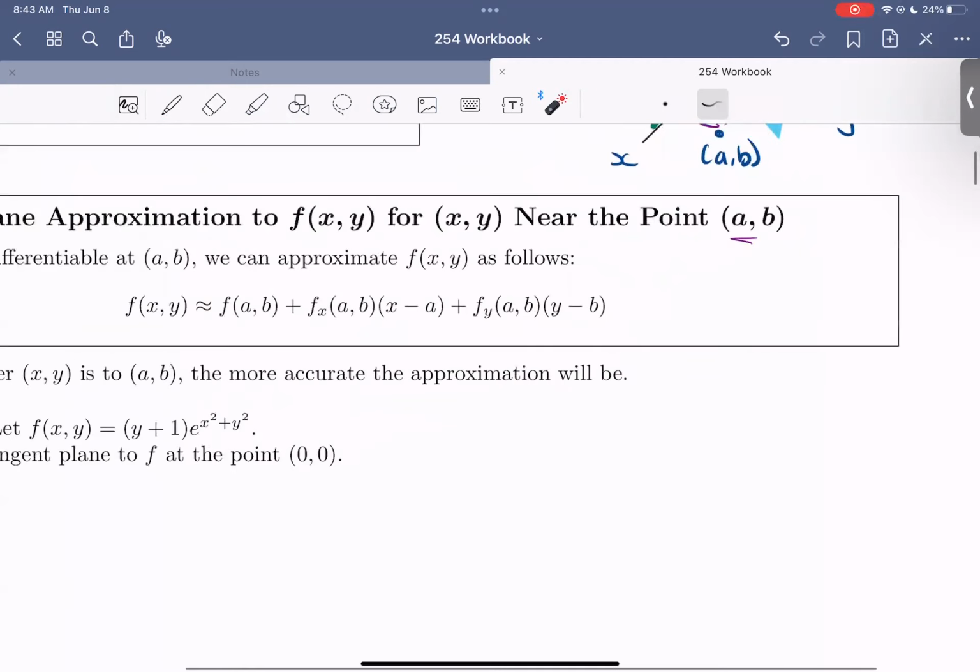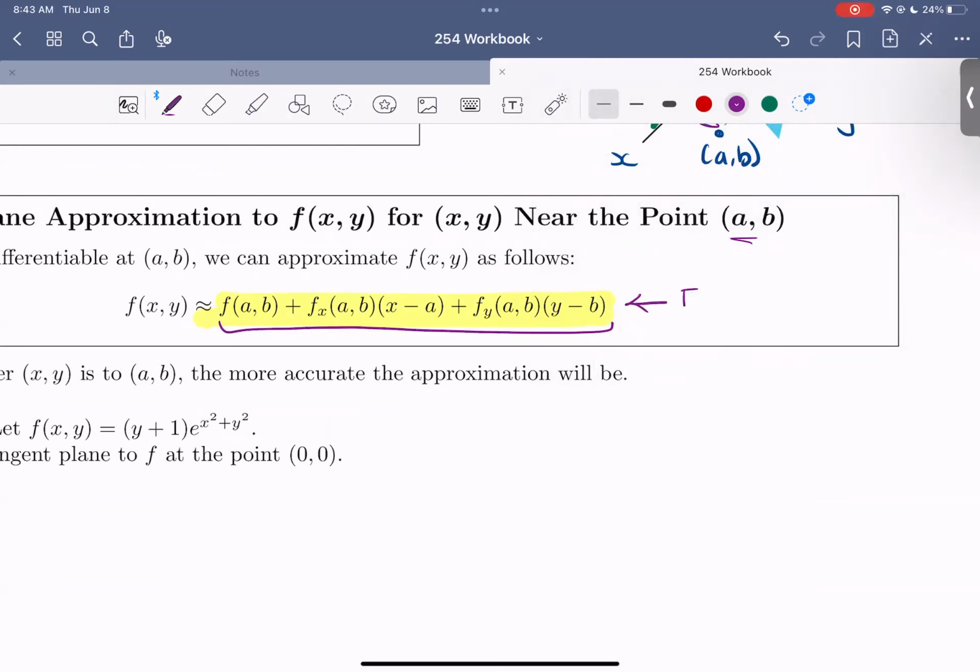So this equation in the box is also an approximation for our function, but it is the equation of the tangent plane. I'm just going to write that out to really bring that home. So this is the equation of the tangent plane of f at the point (a, b).